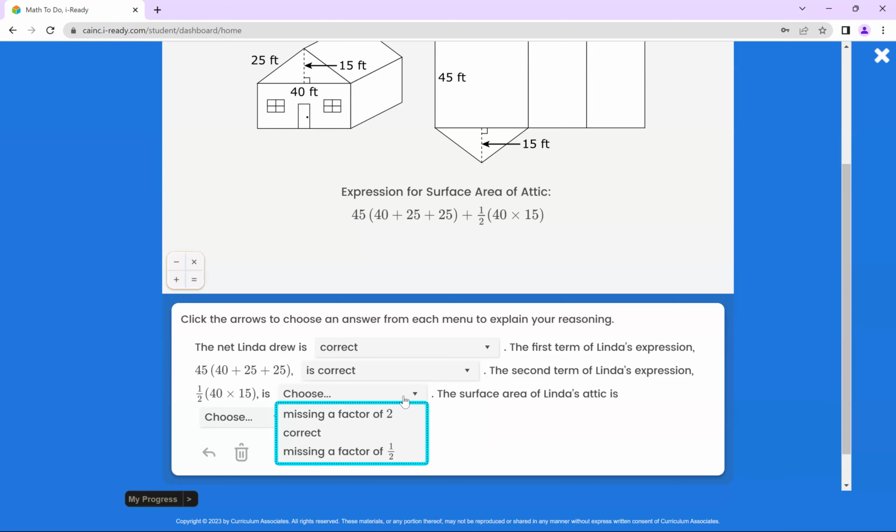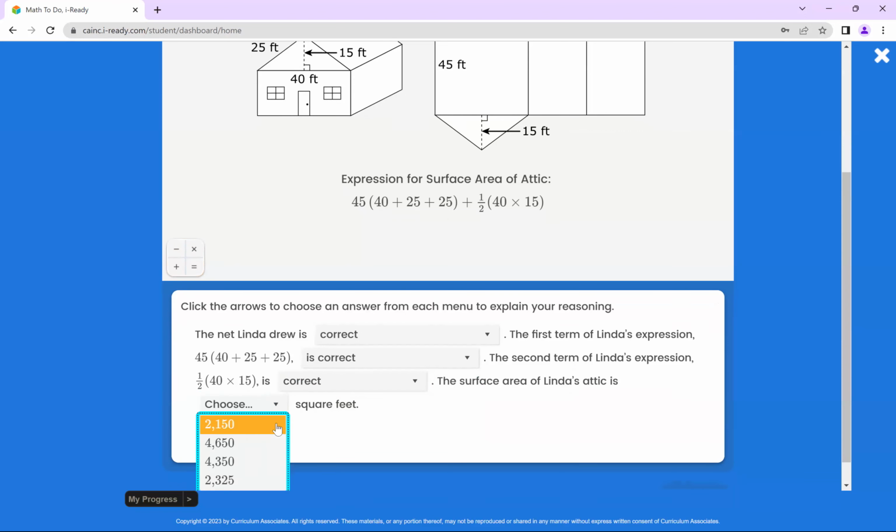Again, let's just do correct since I said it was. Let's do the first option. Okay.